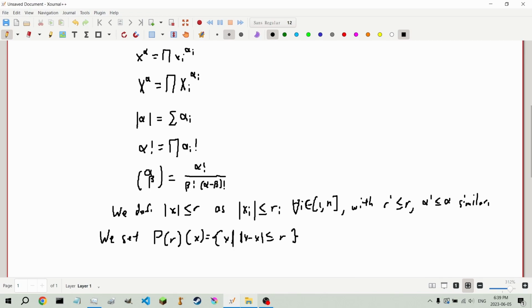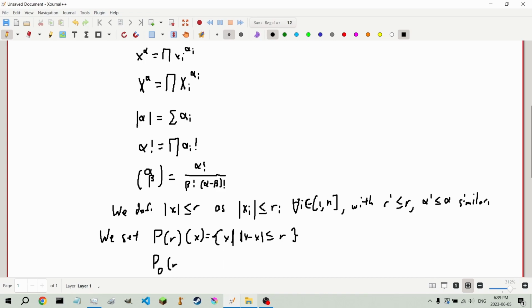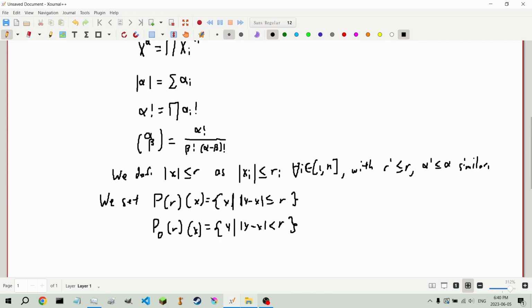And they call this a polydisk because we can define a strict polydisk to be the same as what you'd expect, the same general setup, but this inequality here is strict. And if we don't specify x, it is assumed to be 0. Obviously, likewise for our strict polydisk.